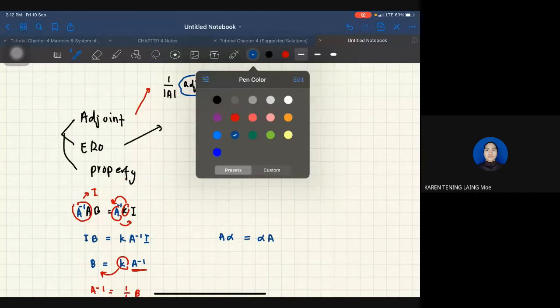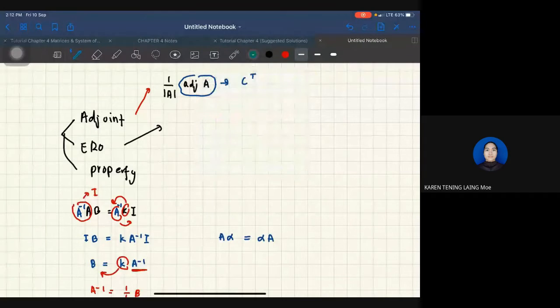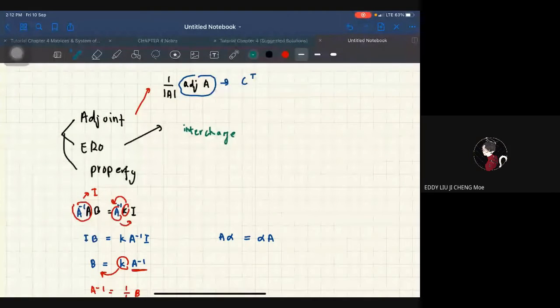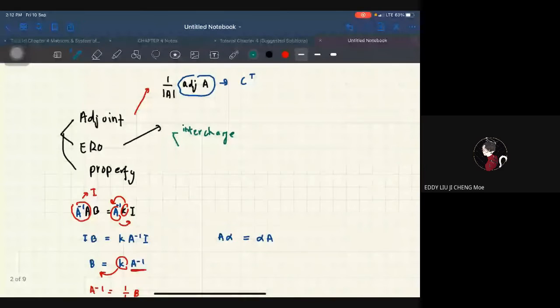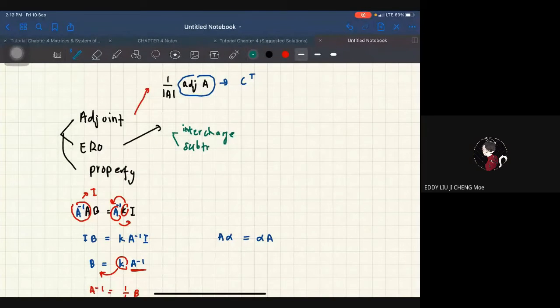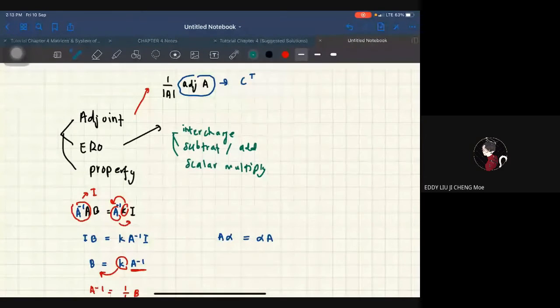Okay, so rows can interchange and then rows can subtract or plus minus, and multiply. Multiply tu kita panggil skala multiplication. Okay, good. Alright, so ini adalah 3 operation yang kita boleh buat ke atas row kita.